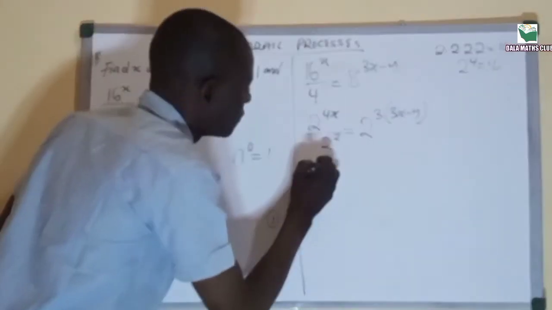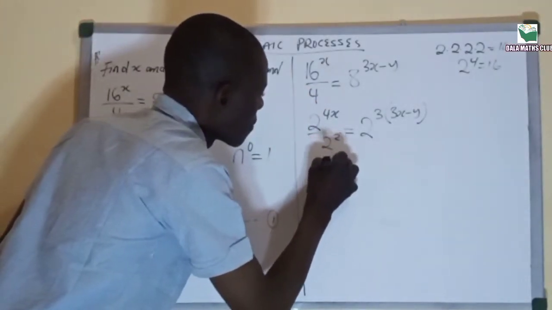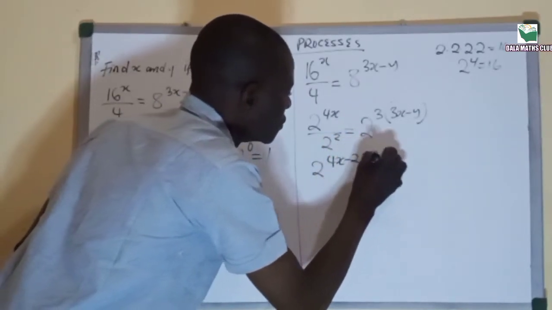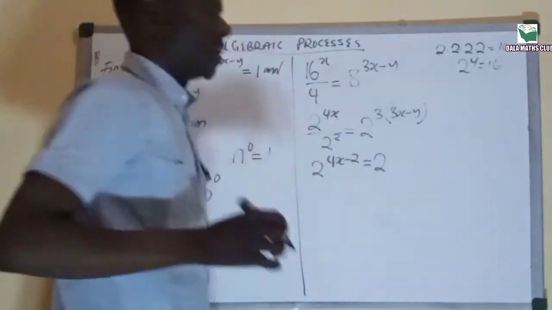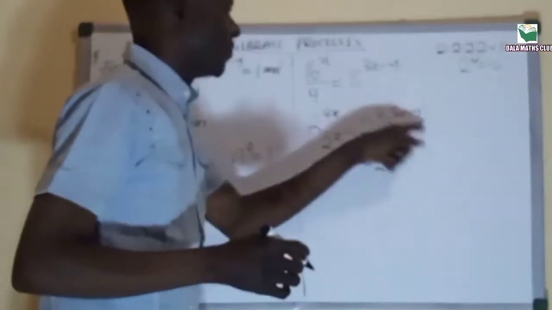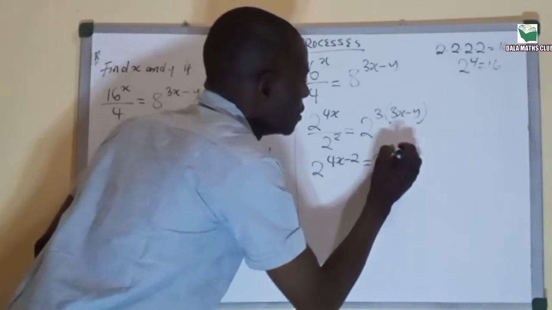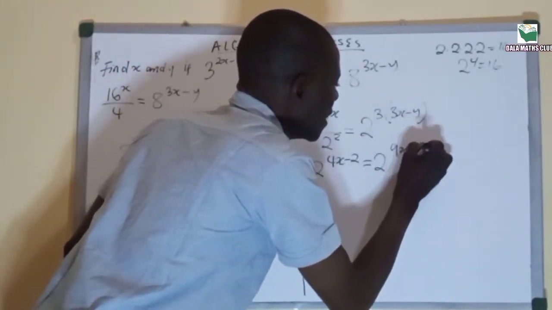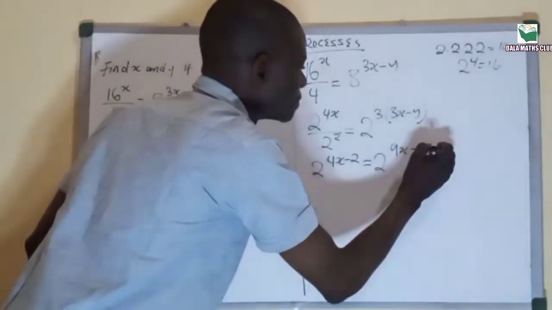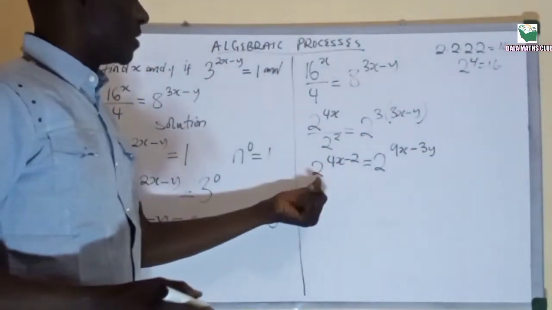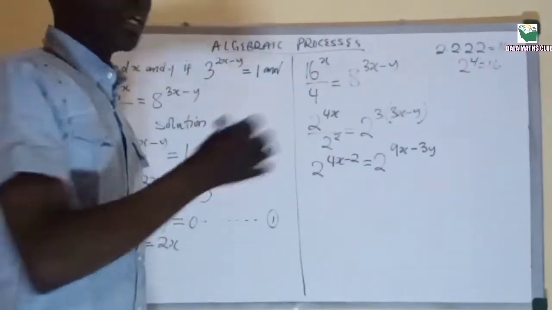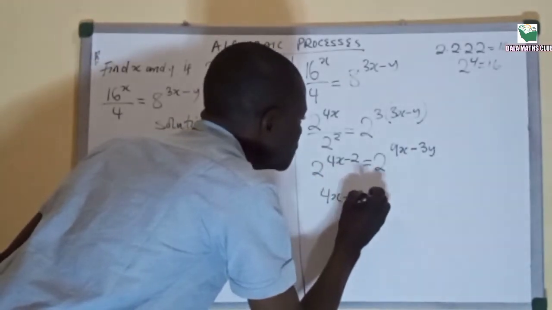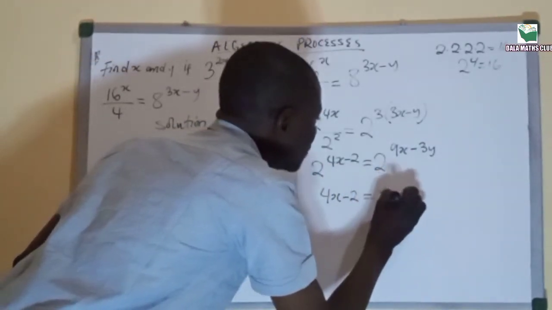So from here we have 2 power 4x minus 2 is equal to 2 power, we expand this bracket. If we expand this bracket, we have 3 times 3x, we have 9x, then 3 times minus y, minus 3y. So since we have the same base, we just ignore the base and use the power. So we have 4x minus 2 is equal to 9x minus 3y.